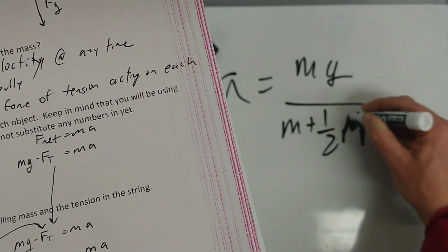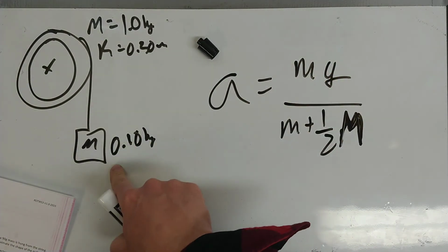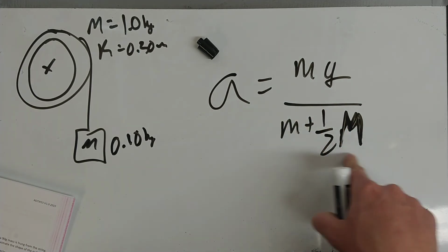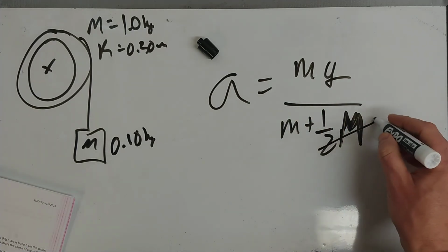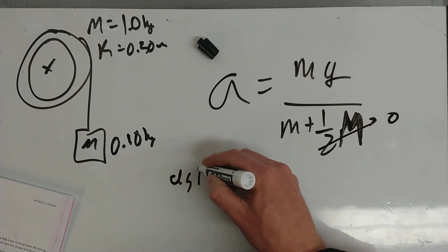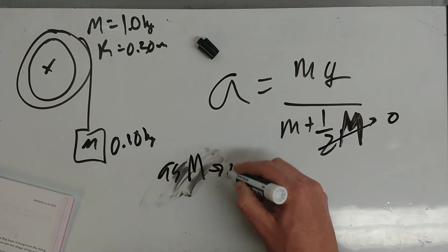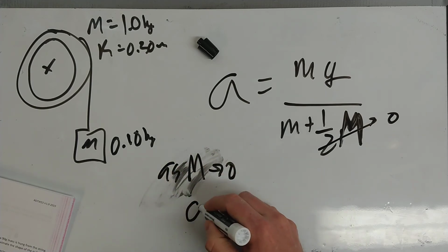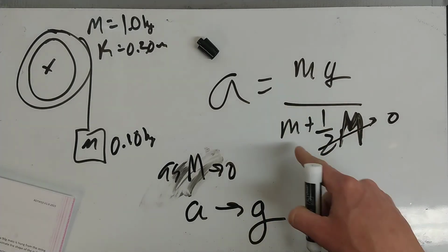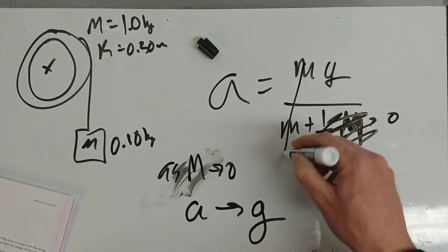Acceleration is little mg, this mass, over little m plus 1/2 big M. As big M approaches 0, A approaches g, because if this becomes 0, then this m would cancel and you get g.